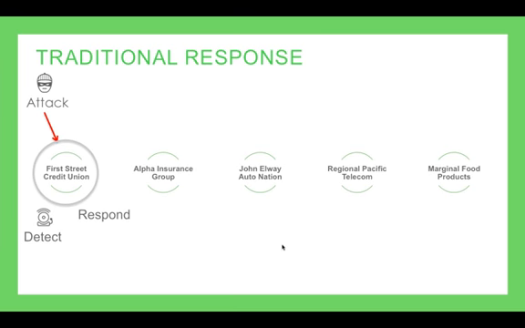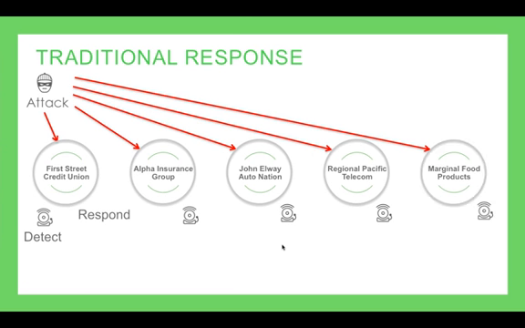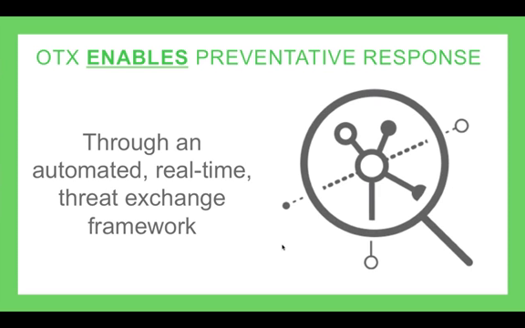The problem with this is that then when companies like Alpha Insurance Group and John Elway Nation get attacked by that same attacker using similar techniques, they have to go through that same detection and response process that First Street Credit Union went through. And of course, that takes a lot of time and energy to do because everybody's doing it independently.